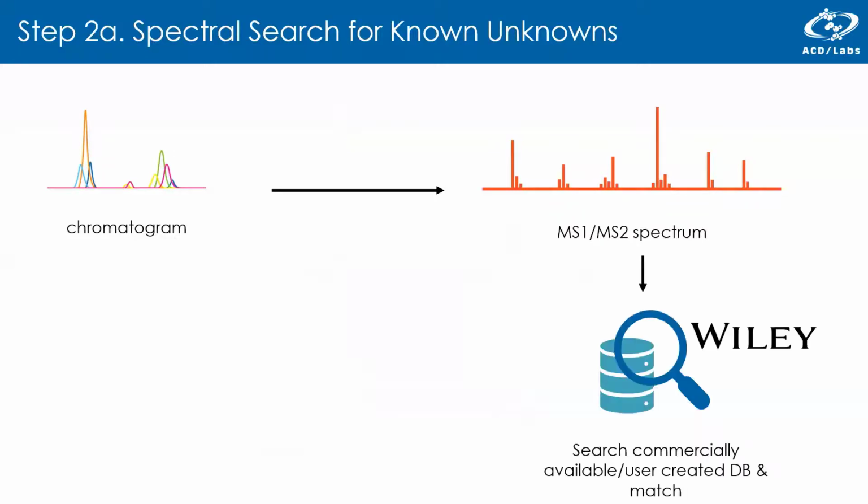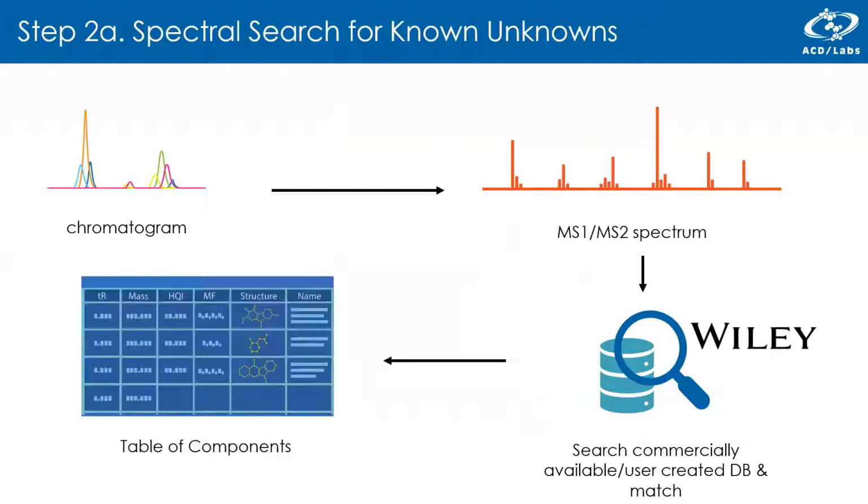Then we can do a spectral search against either commercially available spectral libraries, such as the Wiley-NIST library, or a user-created database. These matches will then be listed in the table of components for the scientist to review and to identify any components that can be identified spectrally.